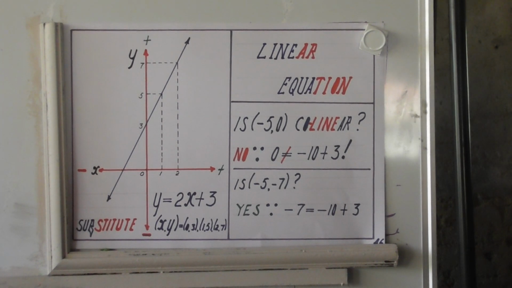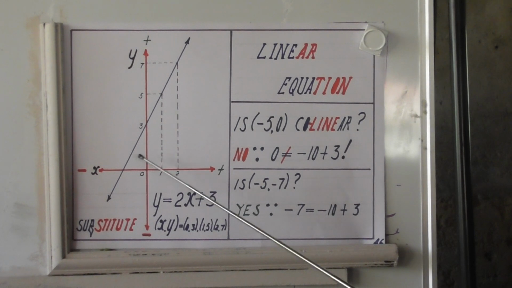Now the question is negative 5, naught, collinear? So they're asking, is this point negative 5 and y is naught, is that on the line? Well, you can see for yourself. But you can't just say naught.